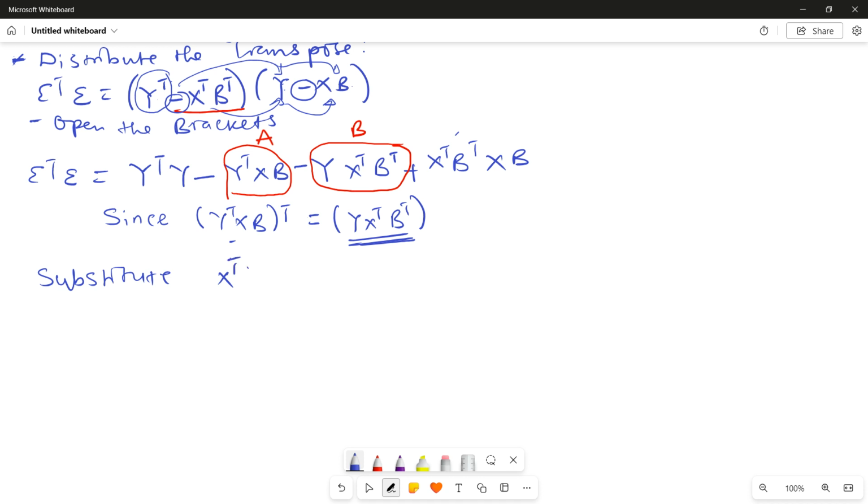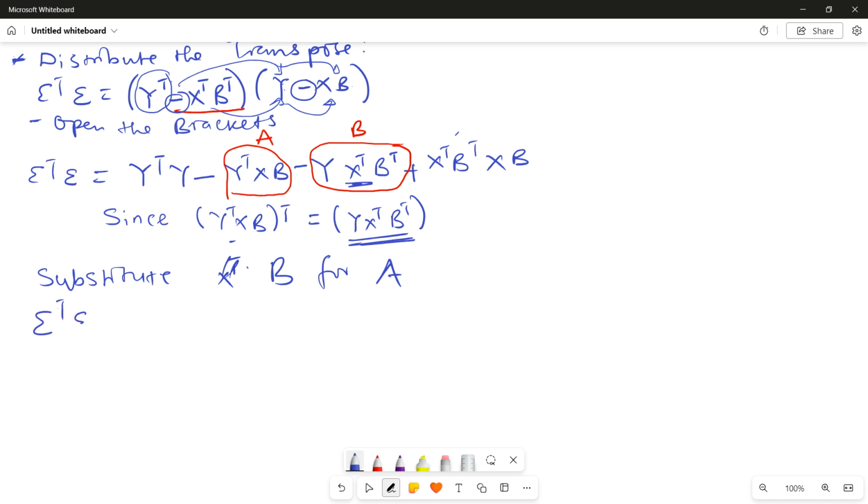So in short, we can substitute B for A. And now when we do that substitution, look, it will be like this.